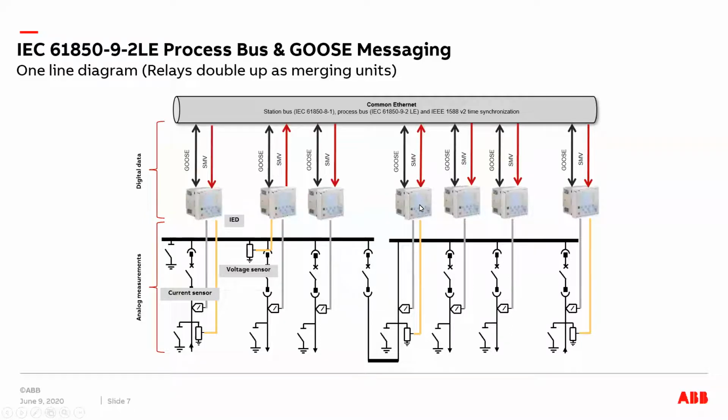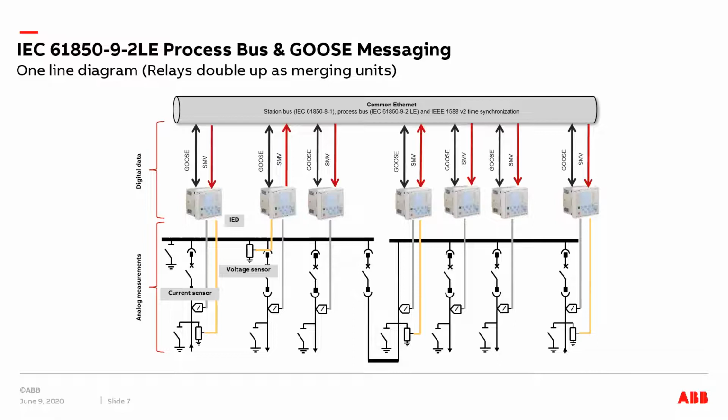And then I should also mention that in this example, these relays double up as merging units. I would like to mention about a merging unit. Merging unit is the standard industry name for the device which digitizes the current and voltage signal in a protection system.